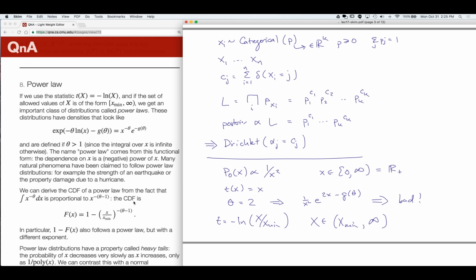power laws. So the density of a power law distribution is a power law in x, and that's where the name comes from. The importance of it is that a lot of natural phenomena seem to follow power law distributions.